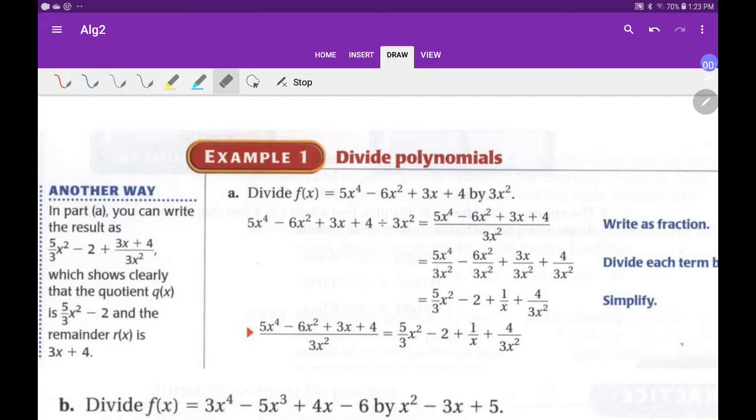So I appreciate this example. I'm not going to do it like this at all, but it's helpful to think about when you have 3x squared on the bottom. What you mean is you have the first term divided by 3x squared, the second term divided by 3x squared, the third term divided by 3x squared, and the fourth term divided by 3x squared.